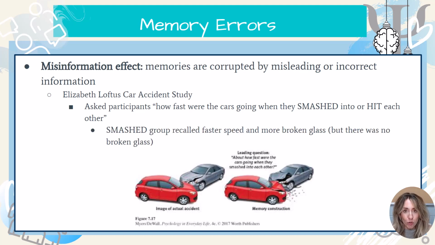The smashed group recalled a faster speed and more broken glass. Actually, there was no broken glass at the scene of the original accident, but they remembered glass when they were asked the word smashed instead of hit. Just that one word change led to a change in the way their memory held onto the information. So the misinformation effect, or the way that you ask for information, can change the memory.